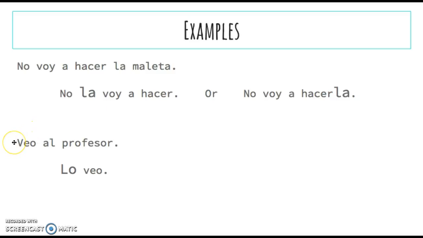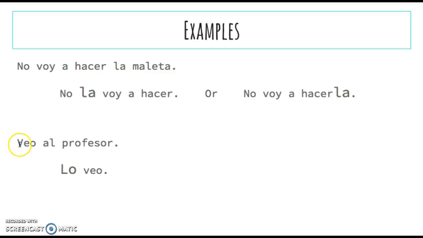Next example, veo al profesor. I see the professor. In this case, our direct object is el profesor. We know that it's masculine because it's al. A plus el makes al. So I'm going to replace el profesor with lo.